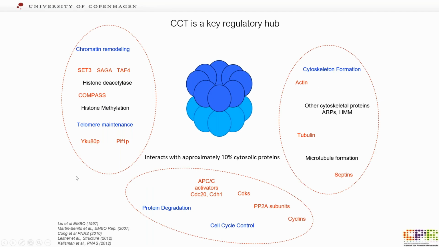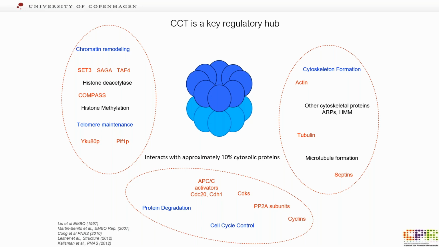And CCT is a group 2 chaperonin, which is required for the folding of a large and growing number of proteins. It has been estimated that approximately 10% of cytosolic proteins interact with CCT, and some of these substrates are involved in vital cellular functions, such as cytoskeleton formation, protein degradation, and cell cycle control.